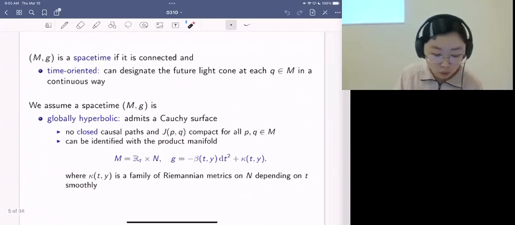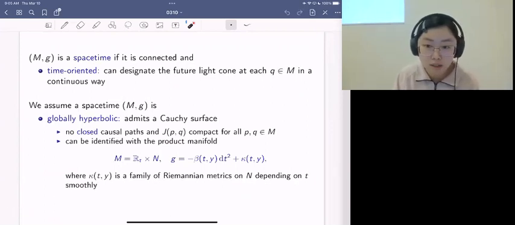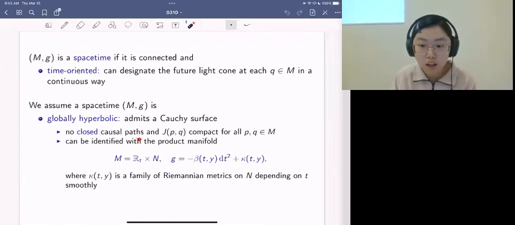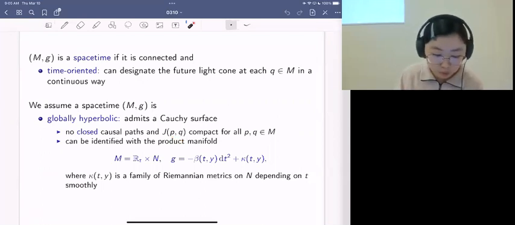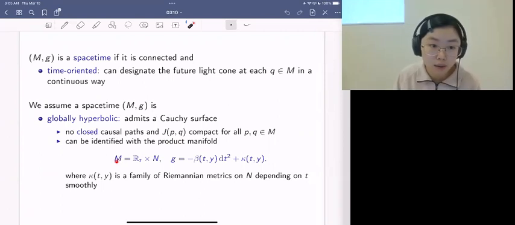The globally hyperbolic property implies that there are no closed causal paths, so time travel is prohibited, and also the causal diamond set is compact for all points p, q in M. Furthermore, for a globally hyperbolic Lorentz manifold, we can identify the manifold M with R for the time variable times a three-dimensional manifold N for the space variable.